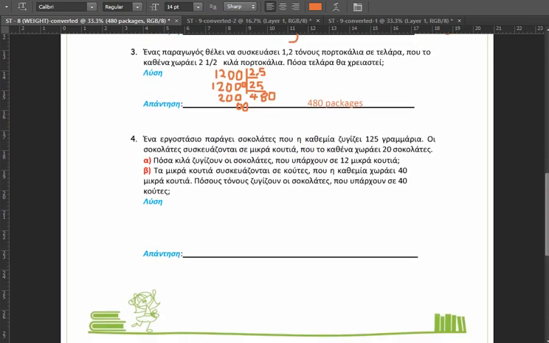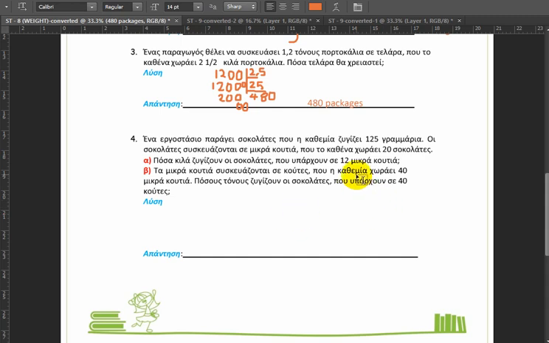Last exercise on this worksheet says that there is a factory that produces chocolates, and each of them weighs 125 grams. They are put into boxes that can fit 20 chocolates. And then it asks us how many kilograms do the chocolates that fit into 12 boxes weigh.